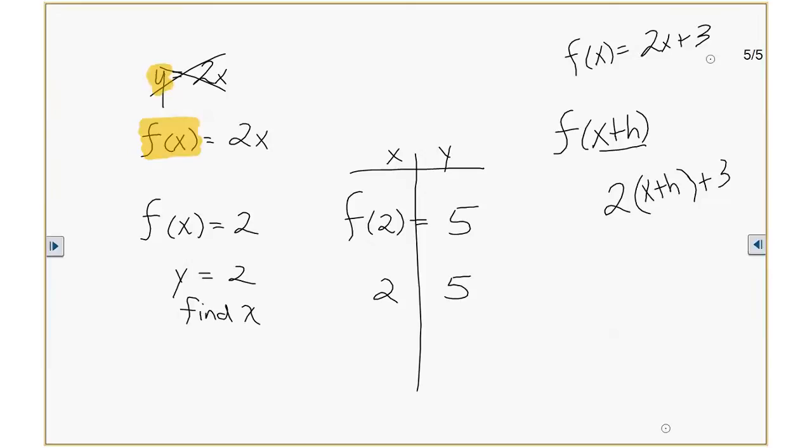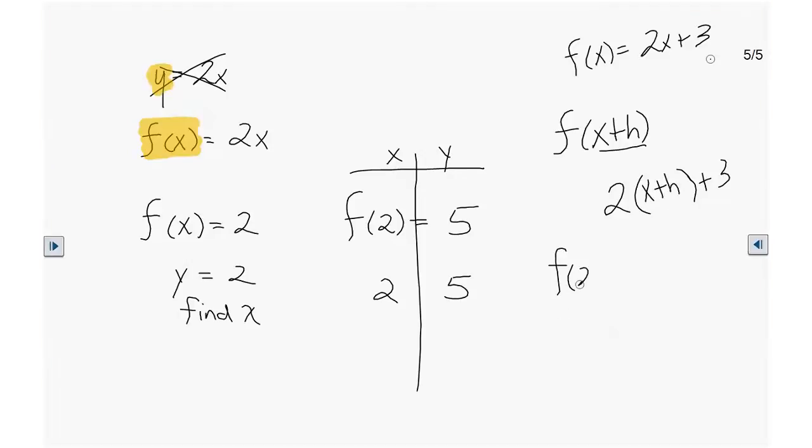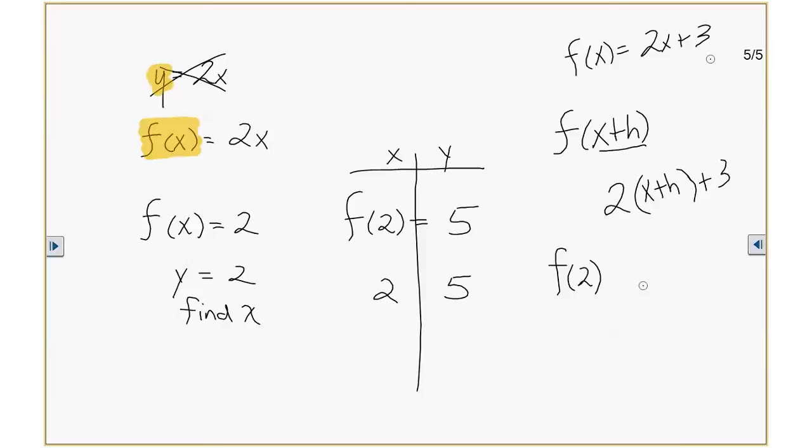If I give you f of 2, wherever there's a parenthesis, I'm going to plug in 2. So functions are going to take the place of y. All right?